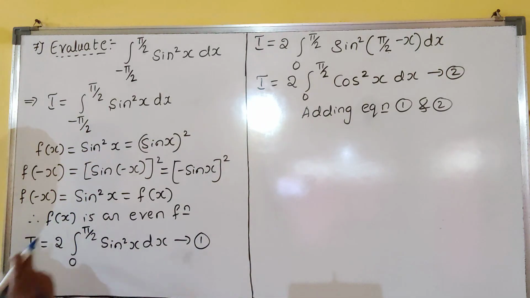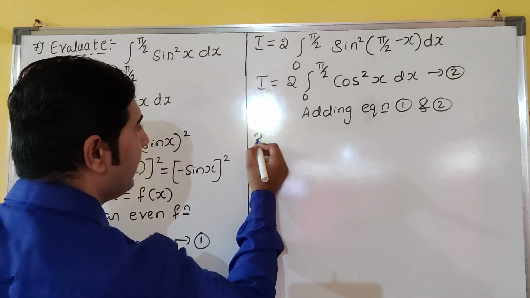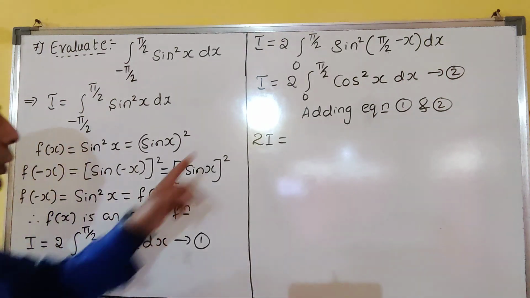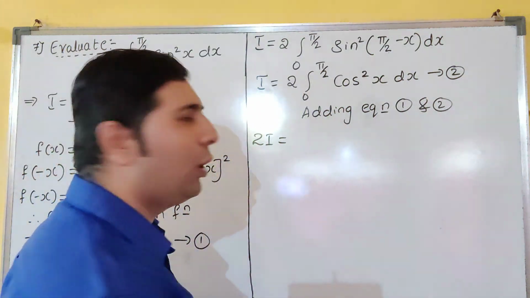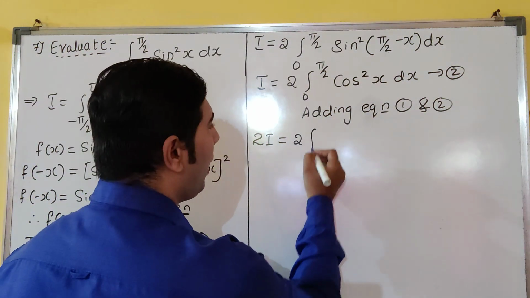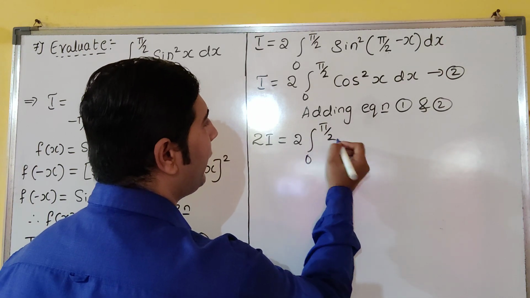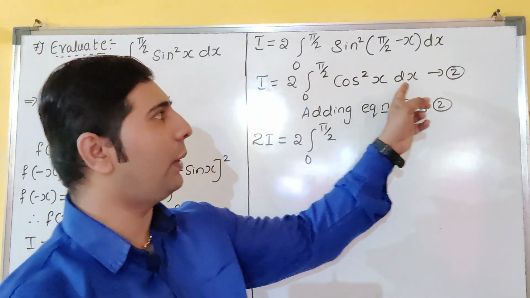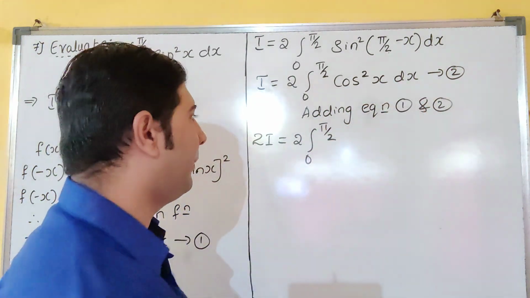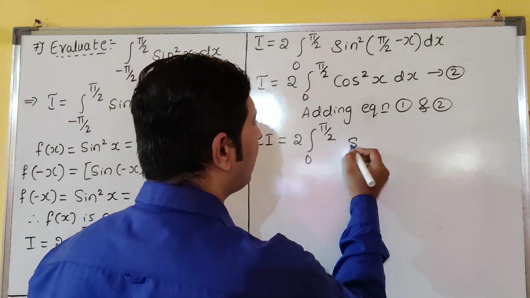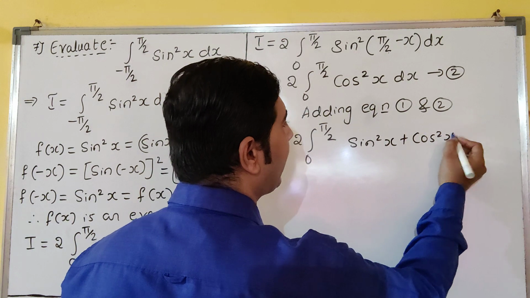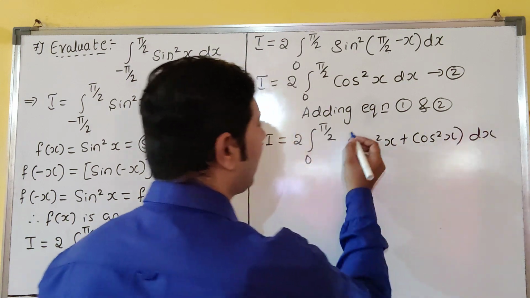So I plus I, LHS, 2I. 2 into the integral 0 to pi by 2, 2 into the integral 0 to pi by 2. Both are the same, so common I can take 2 into the integral 0 to pi by 2. So next, sin square x into dx, cos square x into dx. Add them. So dx is common: sin square x plus cos square x into dx. Dx is common, we keep it outside.